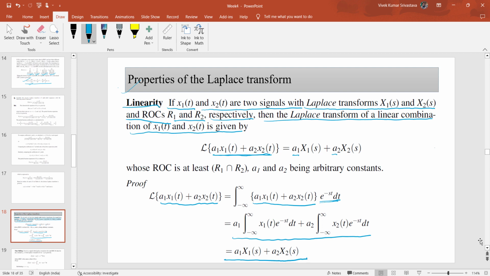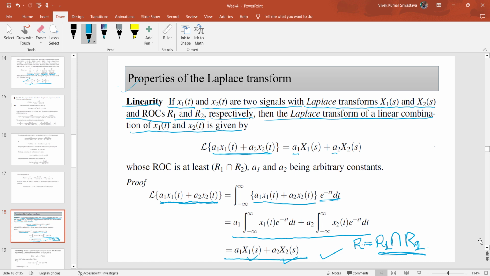So this is a proof that if a signal is a linear combination of two different signals, the corresponding Laplace transform is a linear combination of the individual Laplace transforms, provided that the region of convergence is the intersection of R1 and R2, the regions of convergence of these two signals. So this is the linearity property of the Laplace transform.